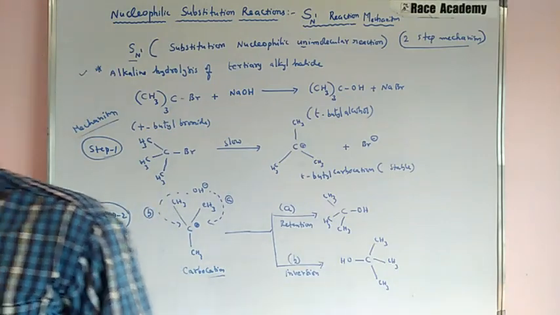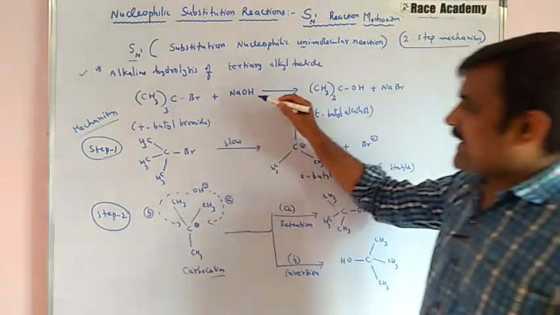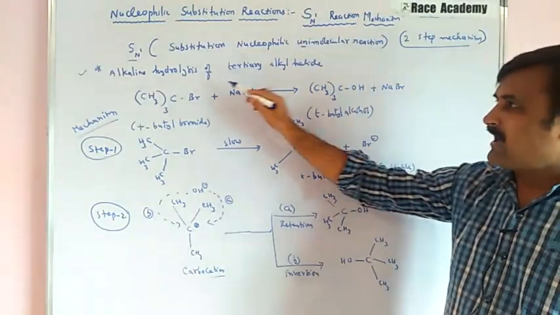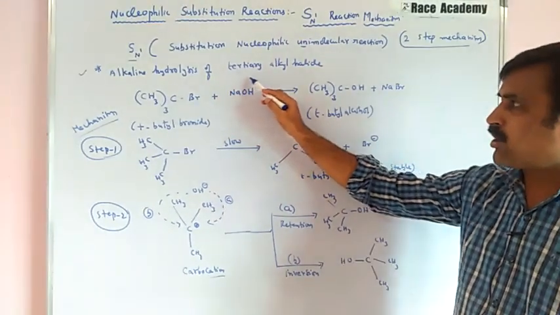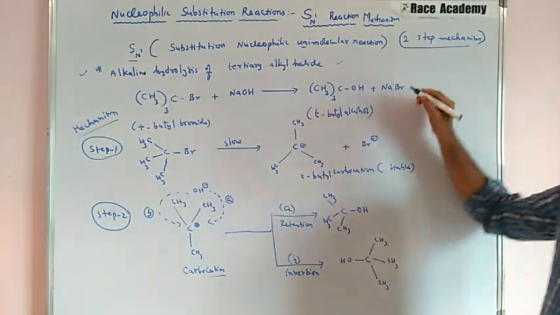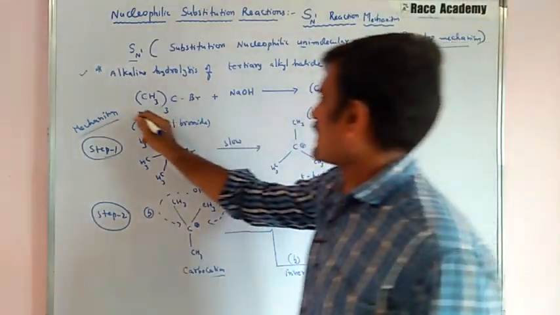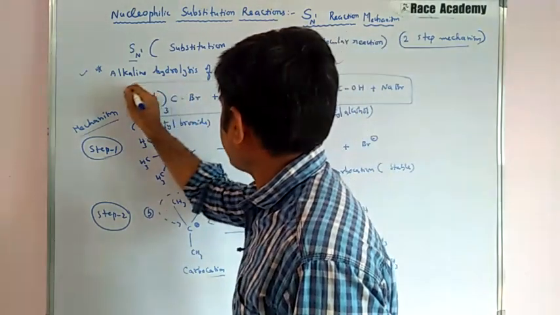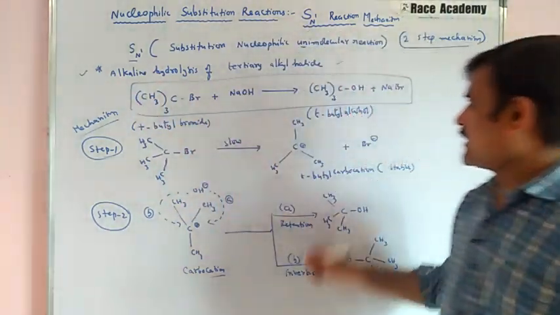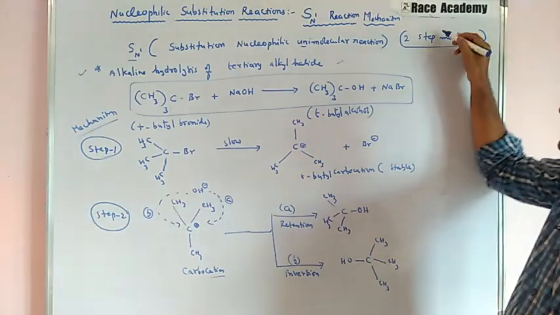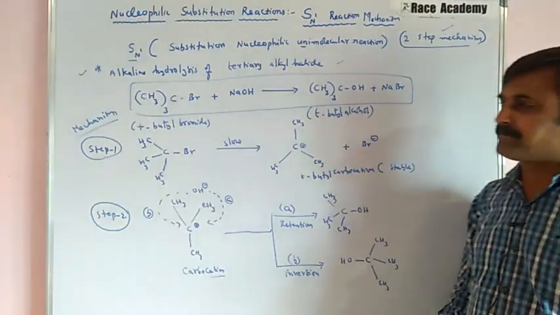So what is the SN1 reaction? SN1 stands for substitution nucleophilic unimolecular reaction. Hydrolysis of tertiary alkyl halides is an example of this. The overall reaction we have considered is tertiary butyl bromide reacting with alkali to give tertiary butyl alcohol. This reaction is explained by a two-step mechanism.